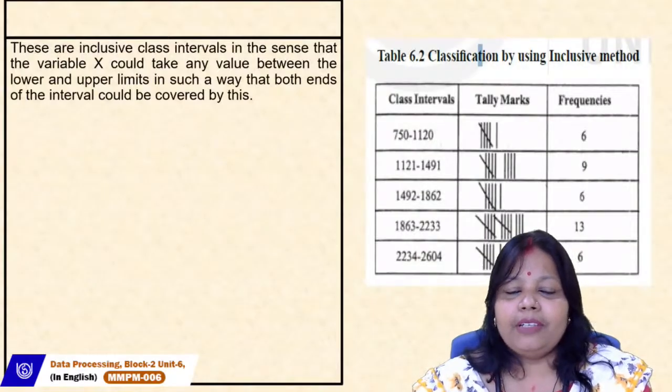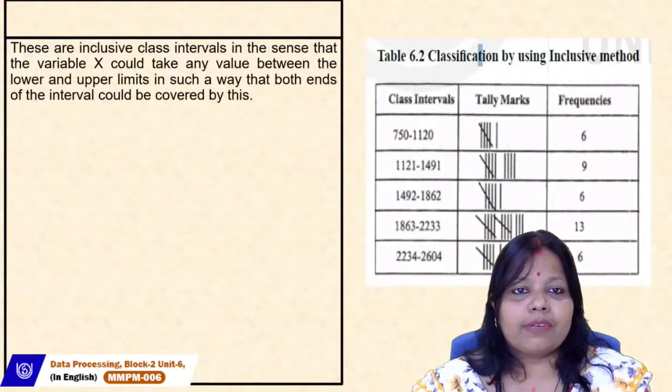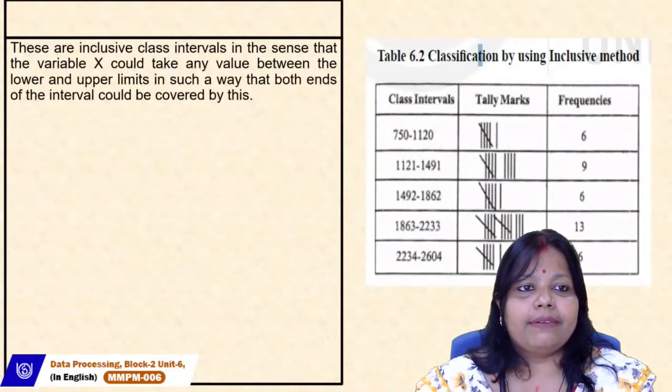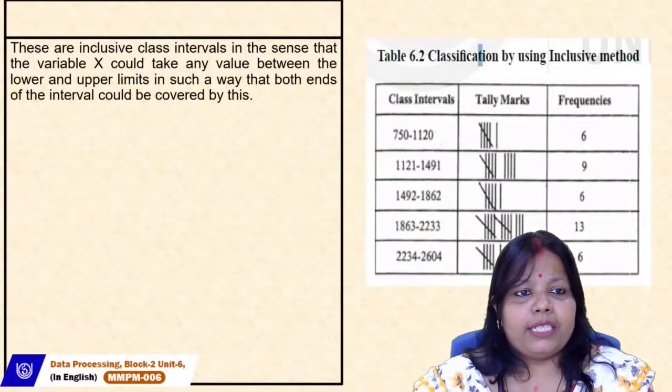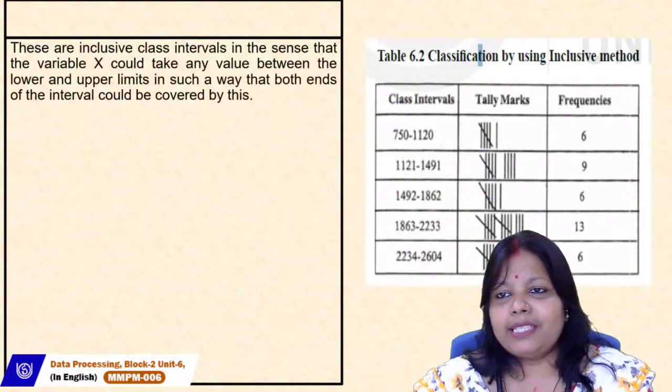So here I have given one answer solution for this question. It is an inclusive class interval in the sense that the variable x could take any value between the lower and upper limits in such a way that both ends of the interval are covered.